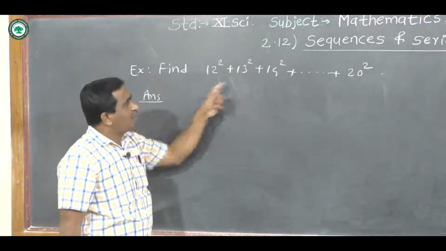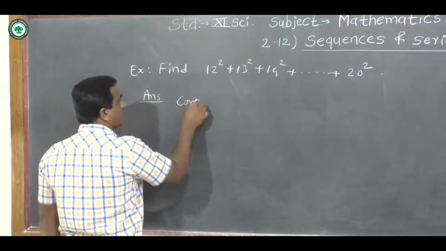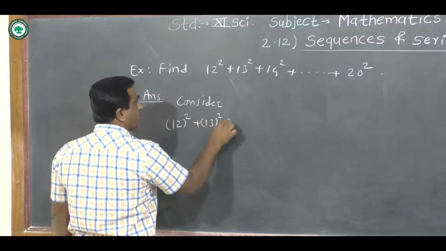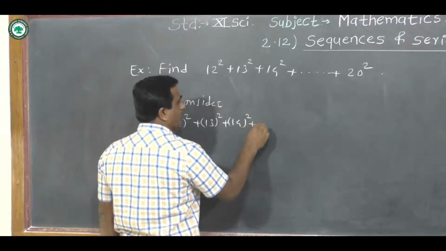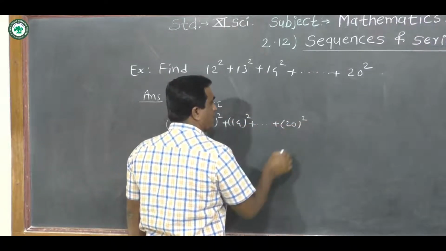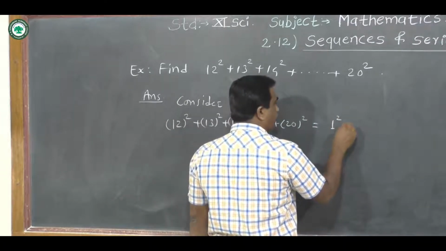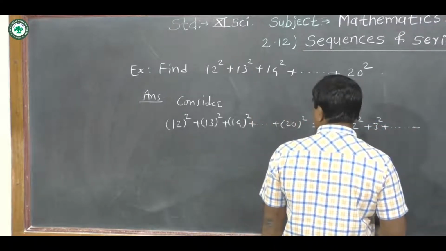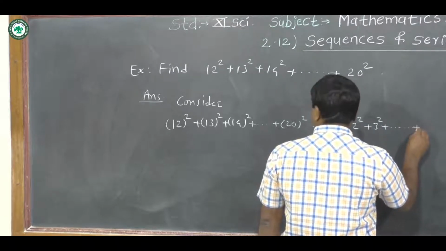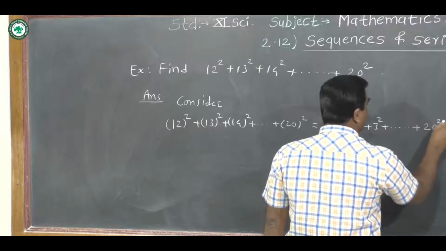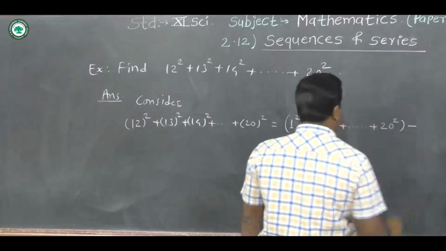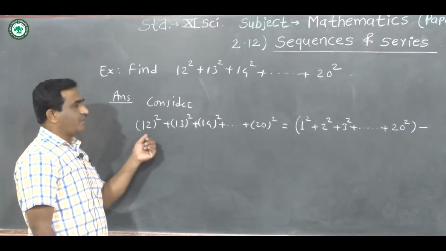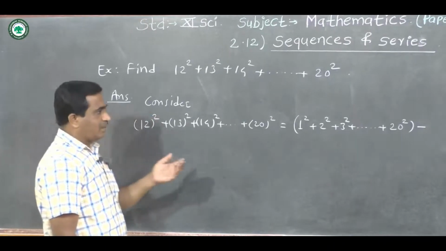Therefore, we can write value of this sum as, consider 12 square plus 13 square plus 14 square plus so on 20 square is equal to 1 square plus 2 square plus 3 square plus so on 20 square minus, we can subtract the terms up to the 12, that is 1 square plus 2 square plus 3 square plus so on last term is 11 square from this sum.